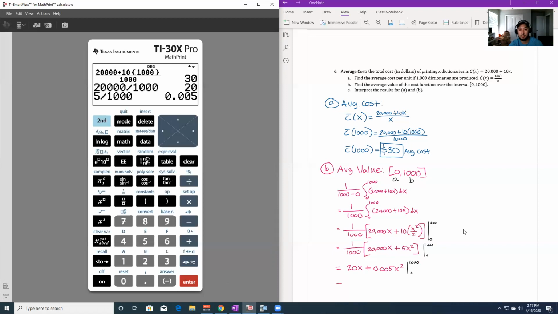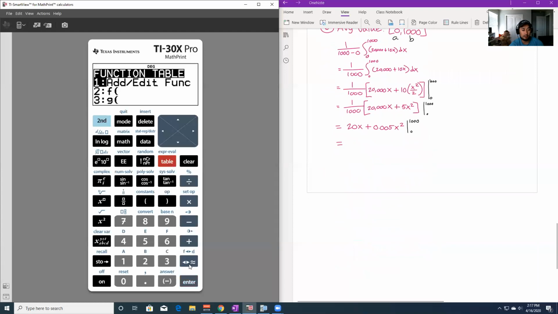So, here's what we're typing in our calculator. Table, enter, clear. 20x plus 0.005 x squared. Enter, enter, enter, enter, enter, and type in 1,000, and we get 25,000 minus, and then if I type in 0, guess what I'm going to get? 0.